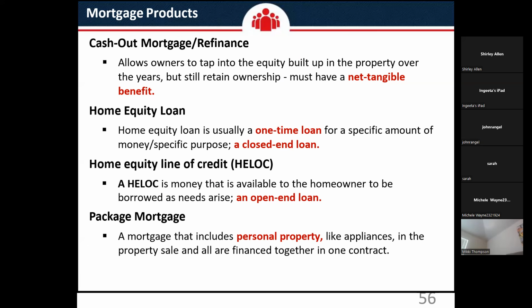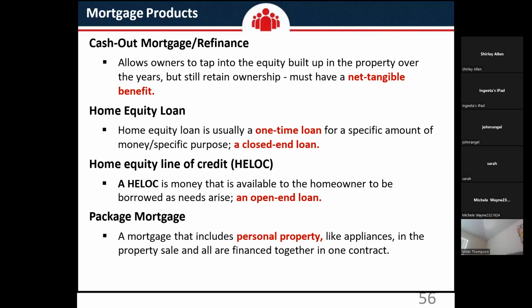A HELOC is money that is available to the homeowner to be borrowed as needs arise, and that's considered an open-end loan. They both tap the equity of your home, but they're different because one's a closed-end and one's an open-end loan. Those definitely are test questions, so hopefully either you already knew those or maybe it can help someone on here that didn't really know how that works.